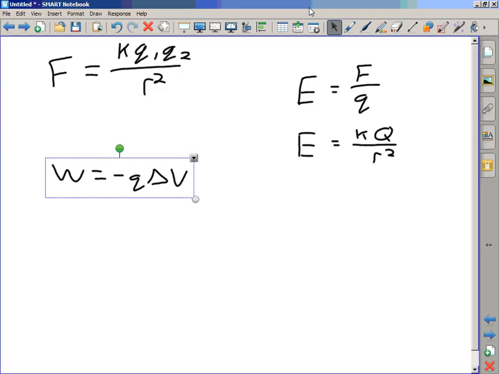Think just like you did with conservation of energy. Think what is happening here. Am I pushing this thing and doing work on it? Or am I releasing it and it's picking up speed? It's gaining kinetic energy. If it's gaining kinetic energy, then you use change in kinetic energy.